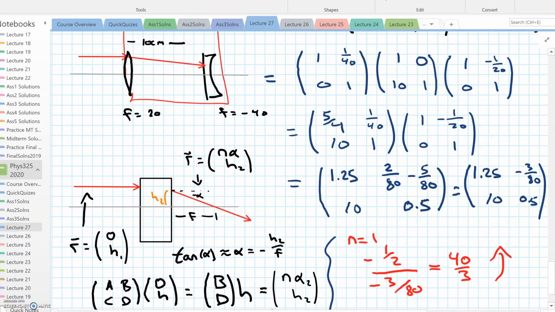And then it gets deflected such that the distance, 40 over 3, what's 40 over 3? About 13.3. So this distance is 10 centimeters. It goes even further than that distance.